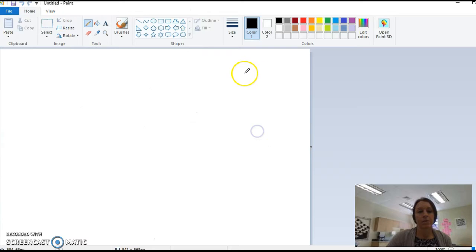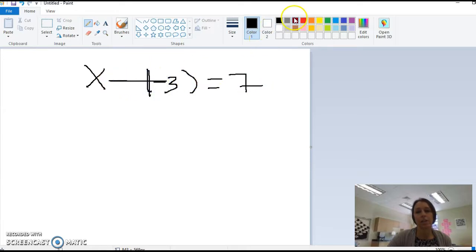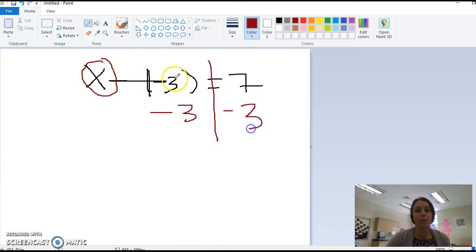Let's see what happens. The first one, oh, this is a good one. What happens on this one? Hopefully you notice right away. What do you guys notice about this one? I wish you could respond or I could hear you. This becomes a big plus sign. So then we have our line. Here's our x. We want to get rid of this plus 3. The opposite of plus 3 is minus 3 on both sides.